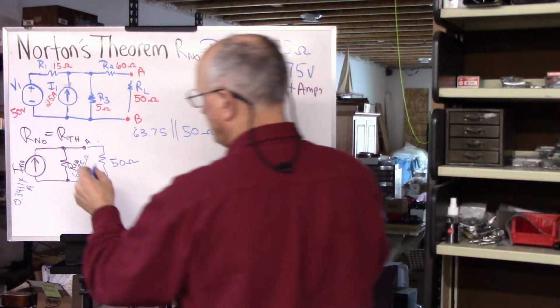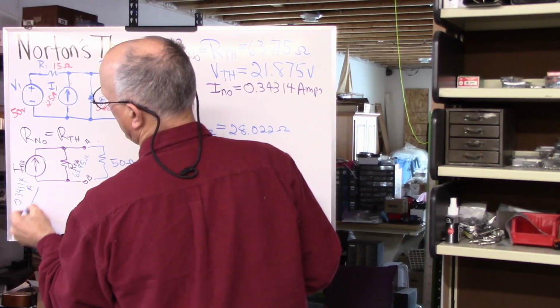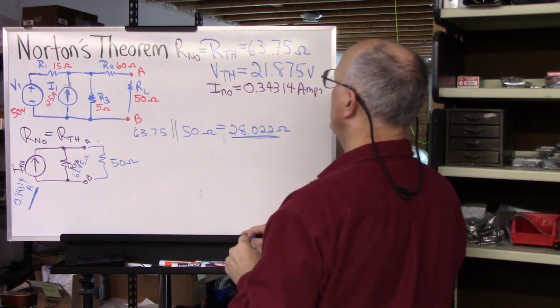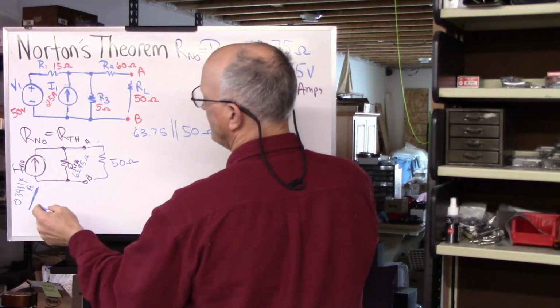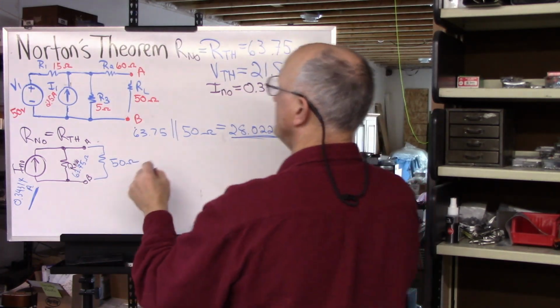All right, so what is the voltage across this point? Well, we have this much current being shoved through this much ohmage. So voltage is equal to the current times the ohms.